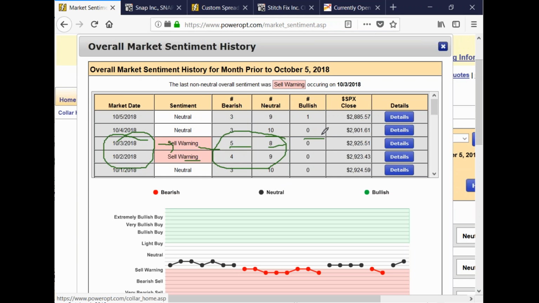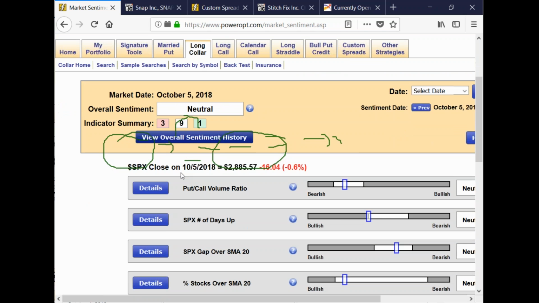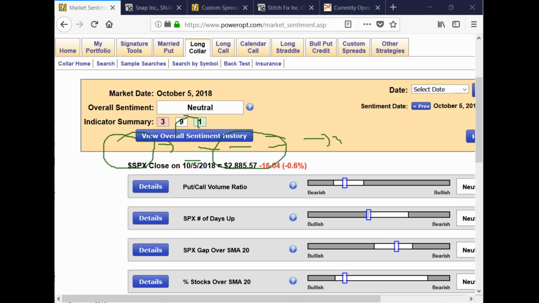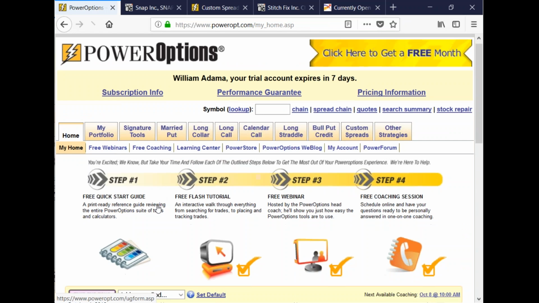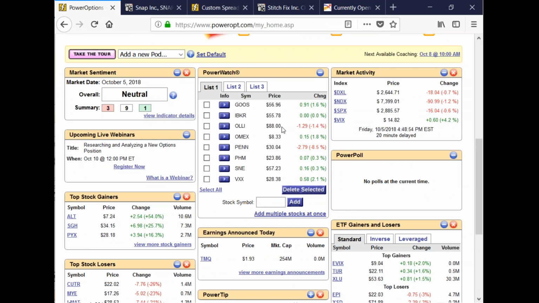I planned and sold short calls and bought extra puts, as I mentioned, and that worked out really well when we saw the sell warning from the sentiment tool. I'm not saying that's a gauge to help you pick stocks that revert to the mean, but that sell warning came up early, and I was able to get some profits off the short calls I sold on Wednesday, as well as profit on the extra couple of puts I bought on the Married Put position and a couple other positions as well.